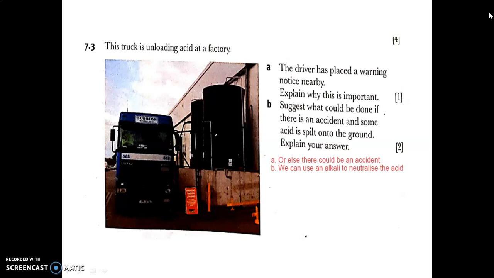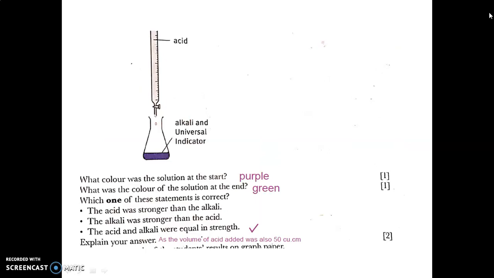Anytime, remember, whenever there is an acid that has fallen, you could either use an alkali to neutralize the acid, or you could immediately put some water to dilute it. In this case, the water adding would be a little difficult. So, immediately the alkali is added to neutralize the acid.